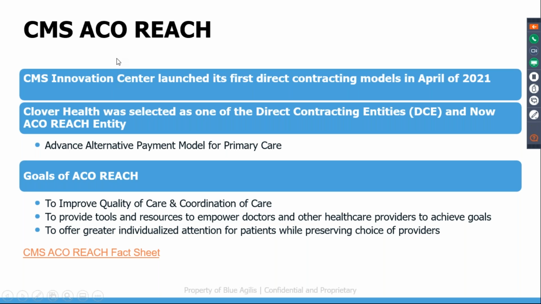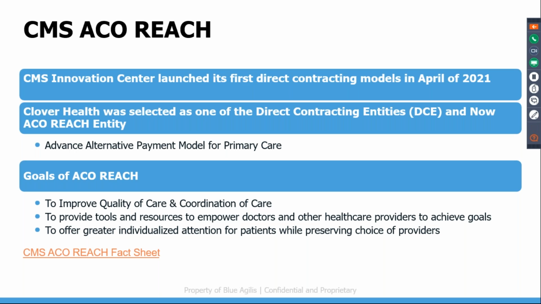The CMS Innovation Center launched its first direct contracting models in April of 2021. CMS wanted to expand the types of organizations that were eligible for the direct contracting program. Clover Health was selected as one of the direct contracting entities for the Advanced Alternative Payment Model for primary care. As previously mentioned, CMS has changed the direct contracting model to ACO REACH.